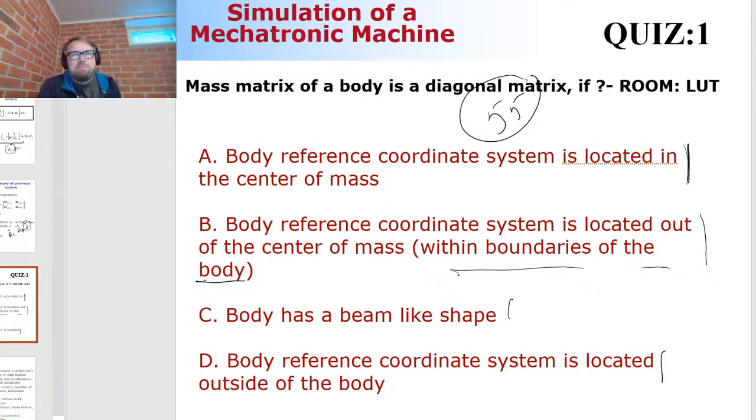But I'm thinking that because all these options are complicated and not easy to understand, it makes your mind blow when you're thinking, what is this, and how much does it affect the mass matrix. I'm thinking that it's going to be as low as 55. But we will see that in a second.